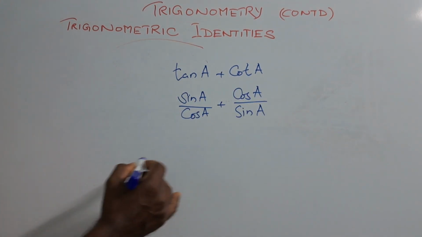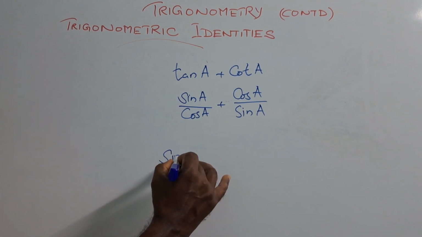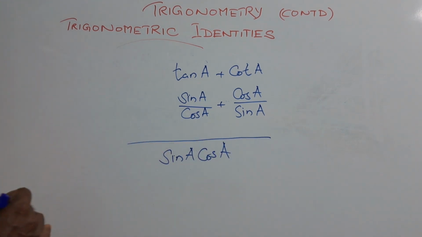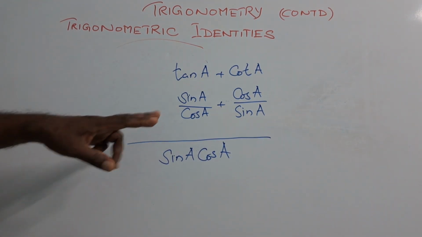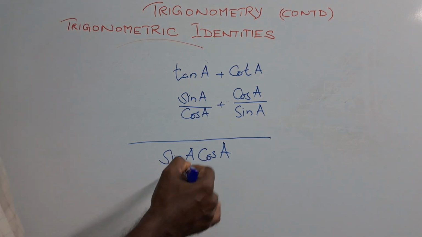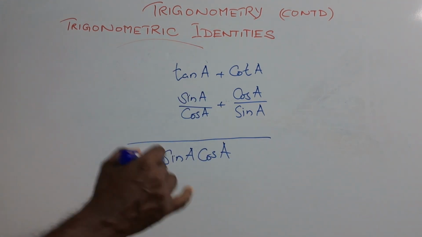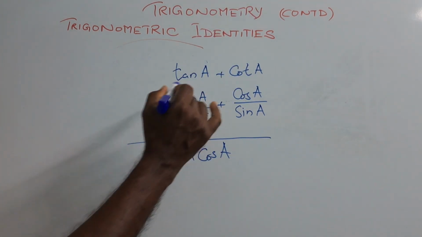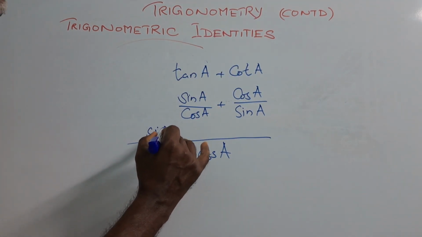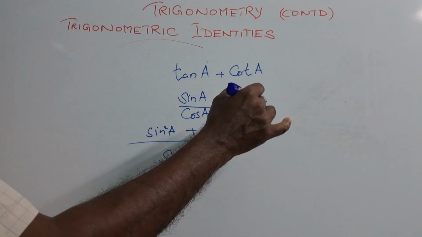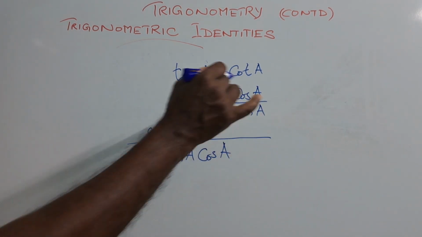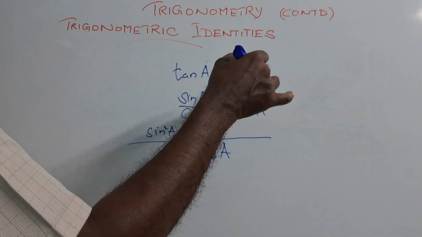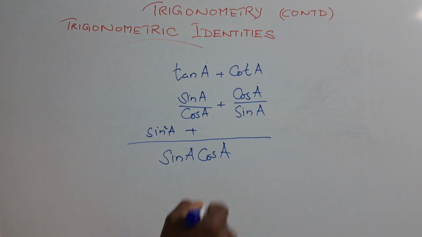LCM of the denominators is sin A cos A. As you add fractions, divide the LCM by the first denominator, you get sin A. This is multiplied by the numerator, sin A into sin A, sin square A, plus divide the LCM by the second denominator, you get cos A. This cos A is multiplied by the numerator of the second fraction.